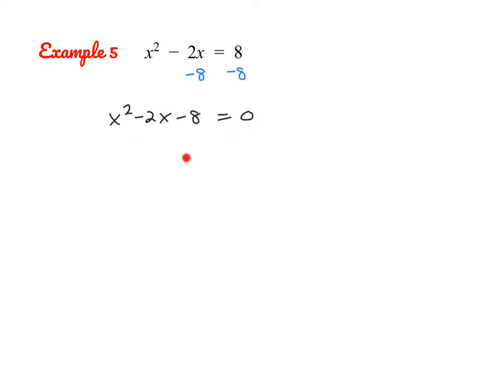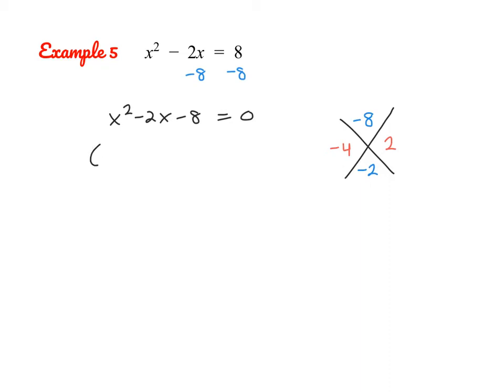Then this we can try factoring using magic x because it is a trinomial and our a value is 1. So we're looking for two numbers that multiply to make negative 8 and then add to make negative 2. So we can use negative 4 and positive 2.